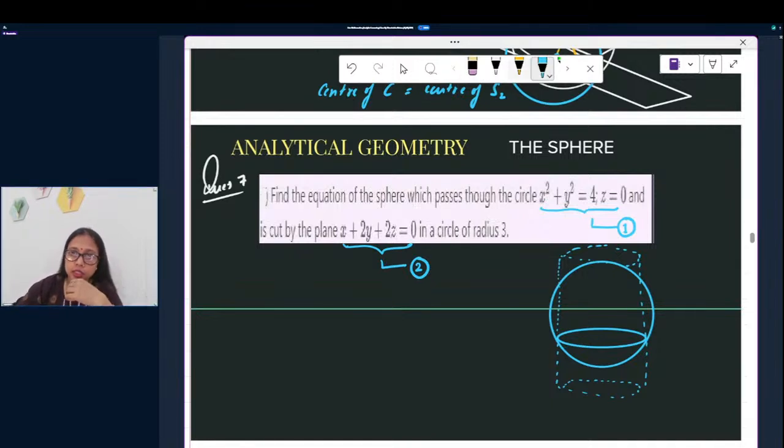So this is the x-axis, y-axis, and z-axis.